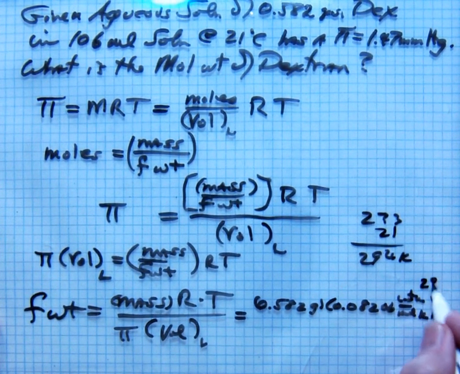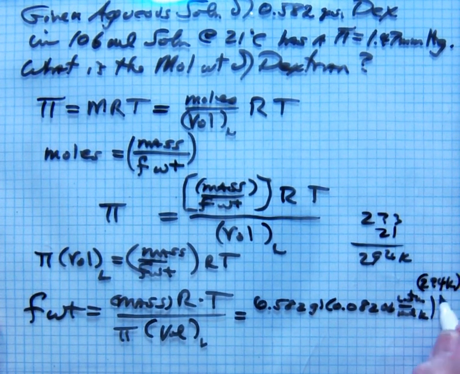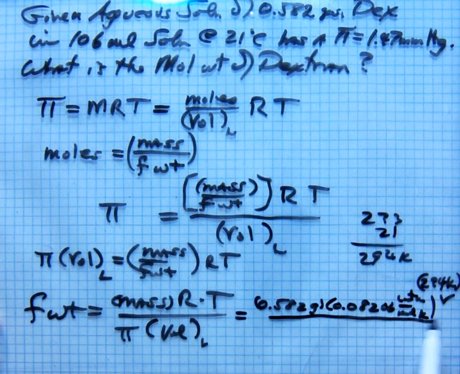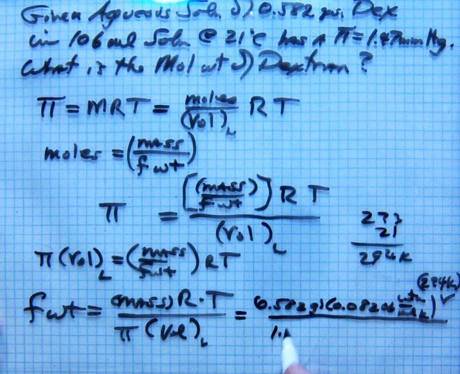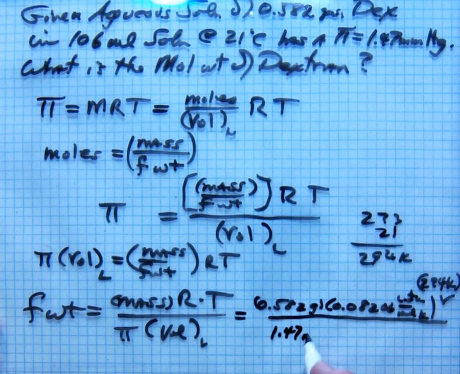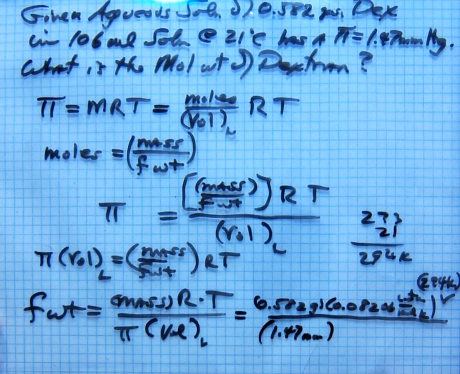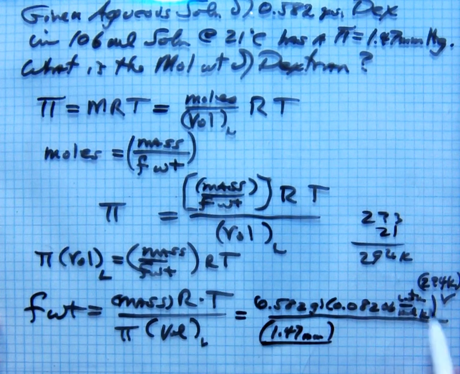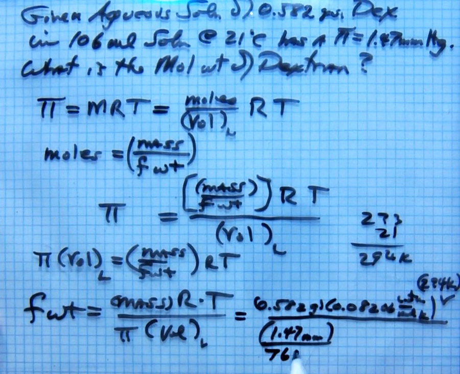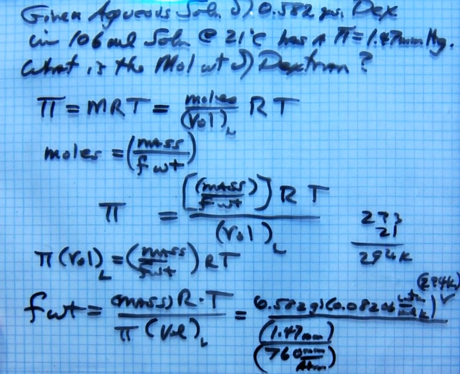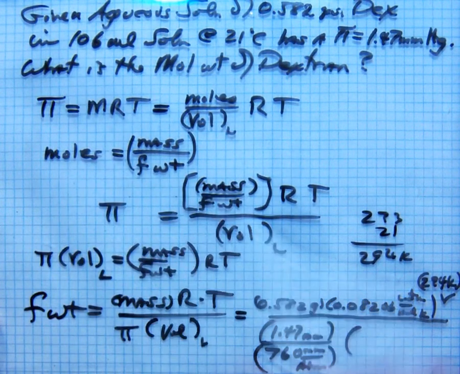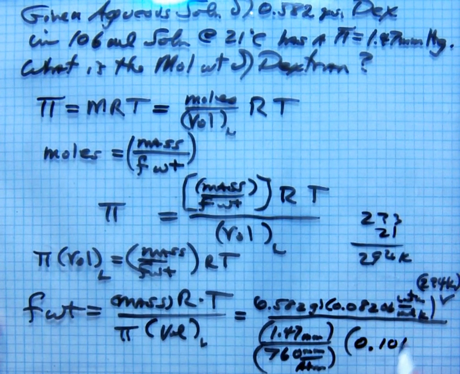So we need 294 Kelvin put right there. And then the osmotic pressure is 1.47 millimeters, but it has to be converted to atmospheres because the R value is in atmospheres. So I divide that by 760 millimeters per atmosphere right there, and the volume 106 mils is 0.106 liters.